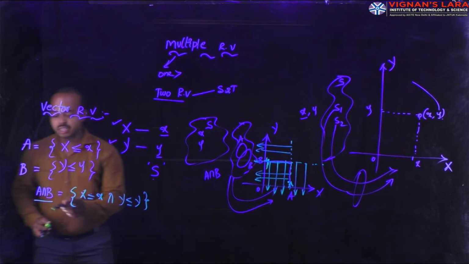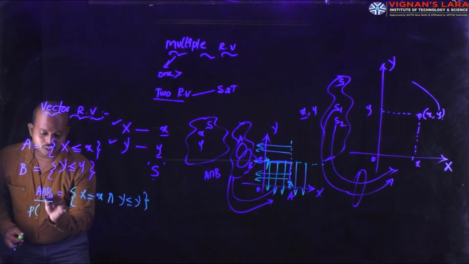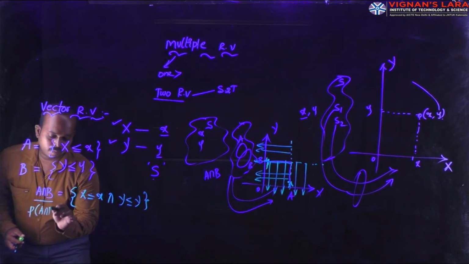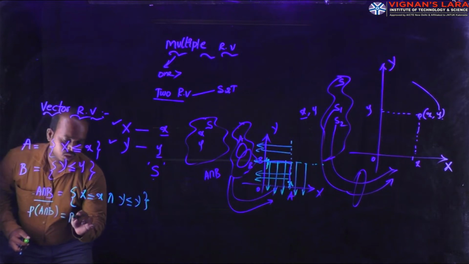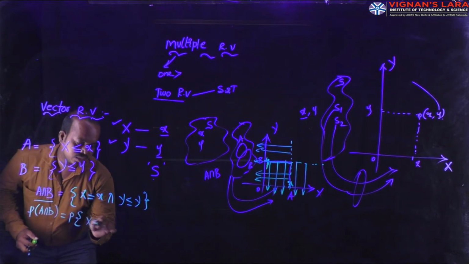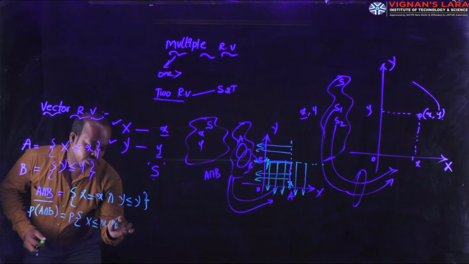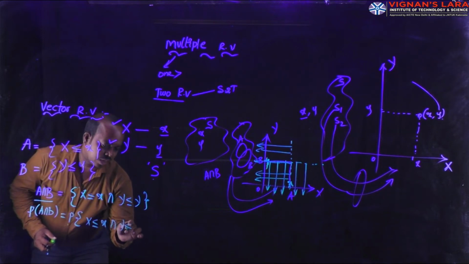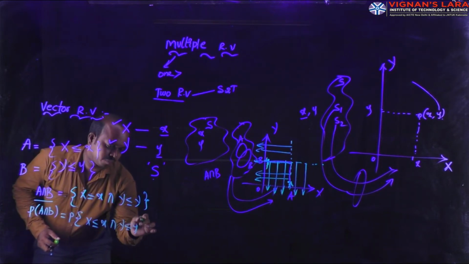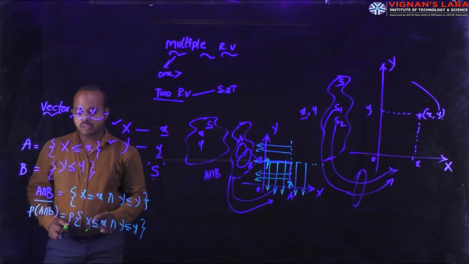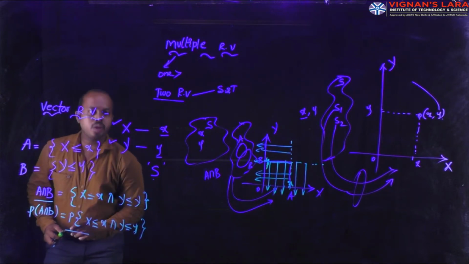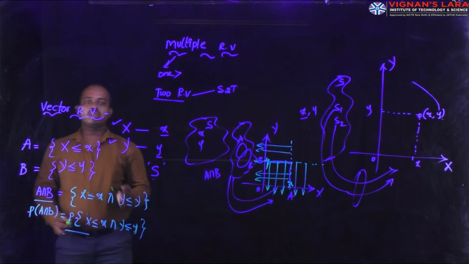Here I consider the probability of A intersection B equal to the probability of capital X less than or equal to small x intersection Y less than or equal to small y. This function we are calling the joint probability distribution function.